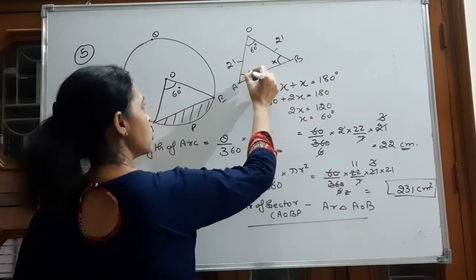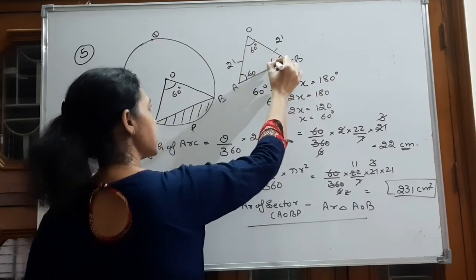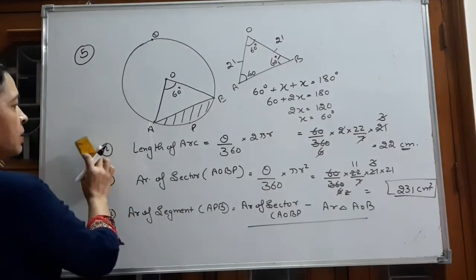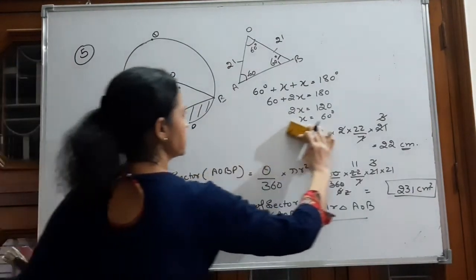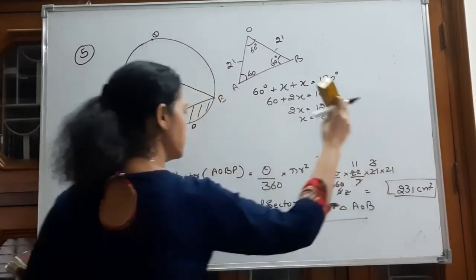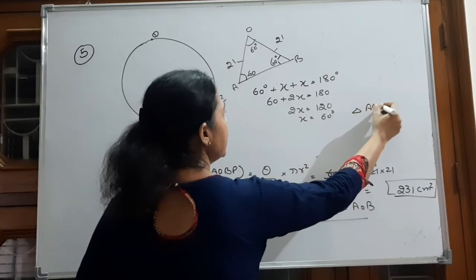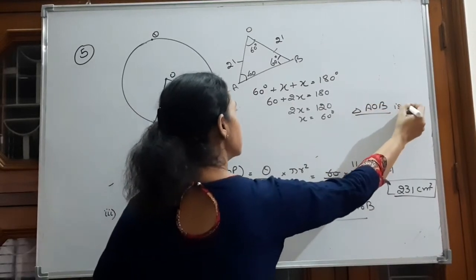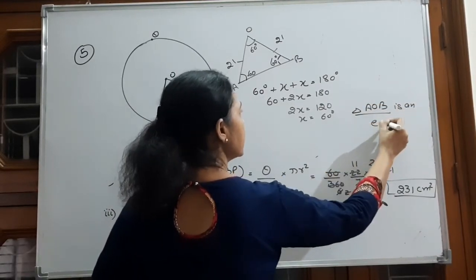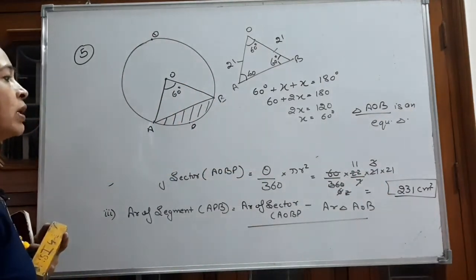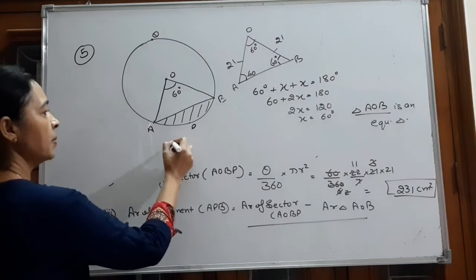Therefore, this angle is also 60 and this is also 60. So, what have we got? Pause the video and note it down. We have got that triangle AOB is an equilateral triangle. Clear?